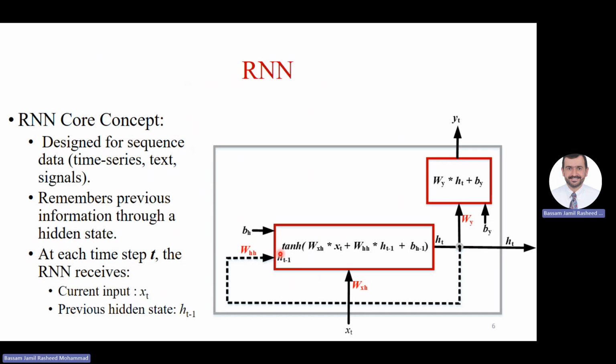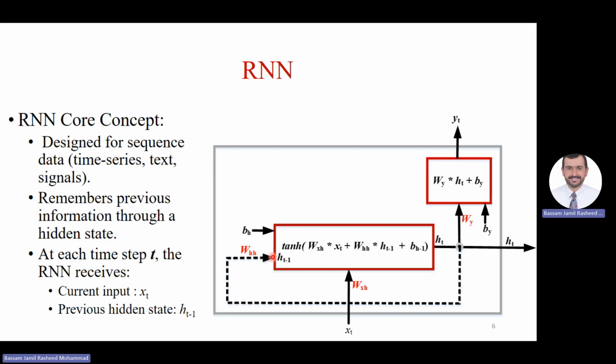And what I have here in front of me is the internal state represented in this box. Into it we feed in the current input and we feed in the feedback coming from the previous state.